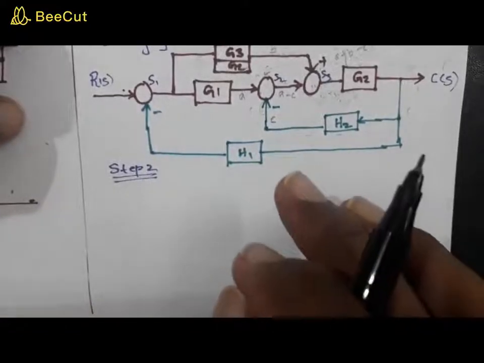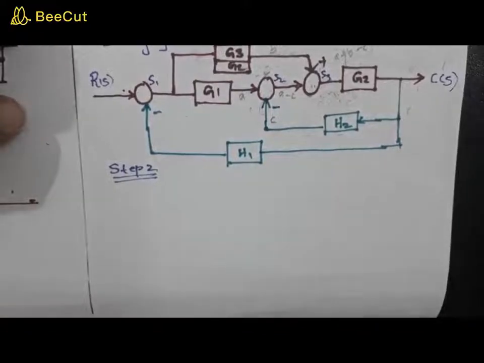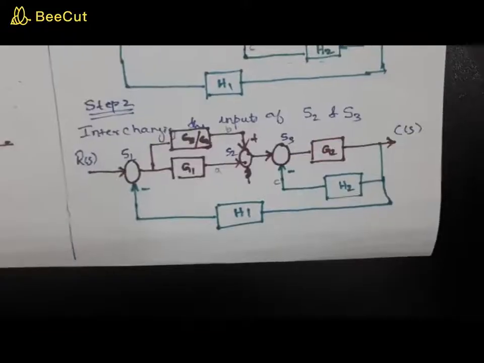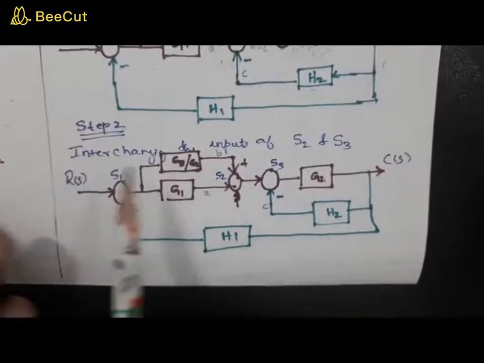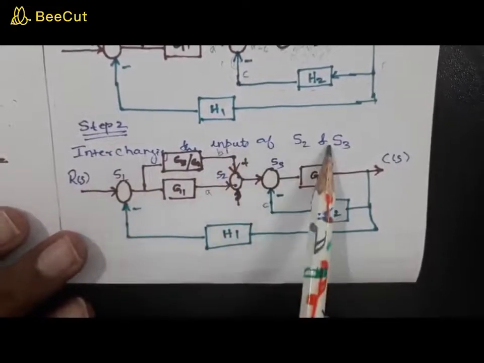That's the recommended way when two summers come together; you can interchange the summing, and that's simple mathematics, because A plus B minus C is exactly the same as A minus C plus B. Now the block diagram after interchanging, that's step 2, interchanging the inputs of S2 and S3.